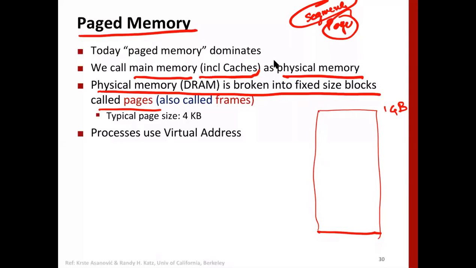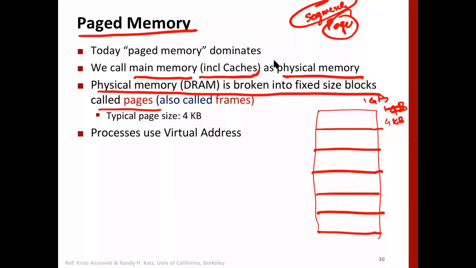Then we can partition this into a number of blocks, and say each block, typical block size is 4 KB. So 1 GB divided by 4 KB will be the number of pages in the physical memory or main memory.